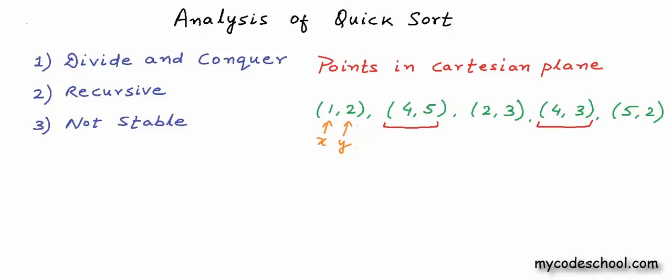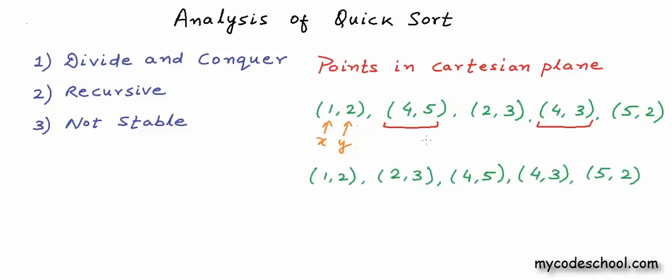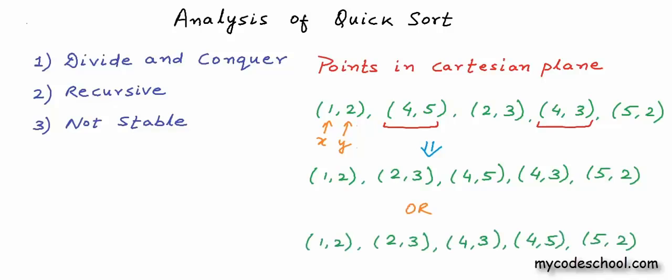If we will use a stable sorting algorithm, then 45, which is before 43 in the original list, will be before 43 in sorted arrangement also. But this is not guaranteed if we will use an unstable sorting algorithm. In the second arrangement that I'm showing here, elements are sorted in increasing order of x coordinate, but 43 is coming before 45. Partitioning logic in quicksort algorithm does not ensure stability.